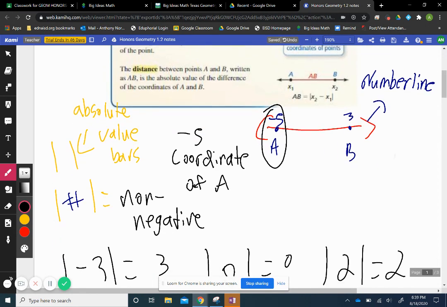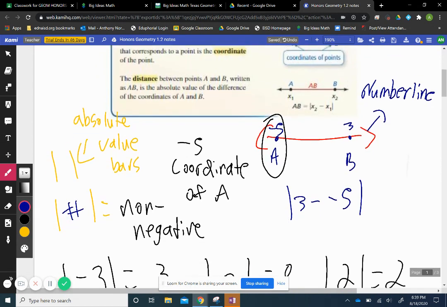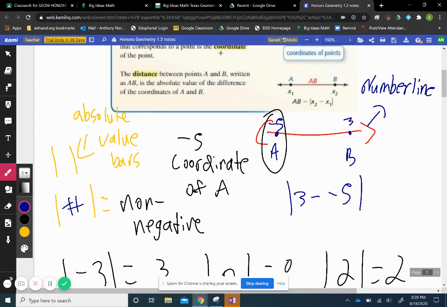So to find the distance of something, we subtract. If I want to know how far apart these numbers are, I'm going to take the final number minus the initial number. What the ruler postulate says is that you put this in the absolute value to get your answer.